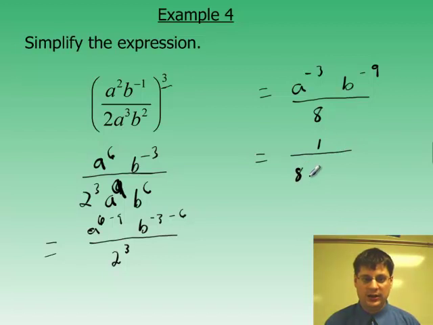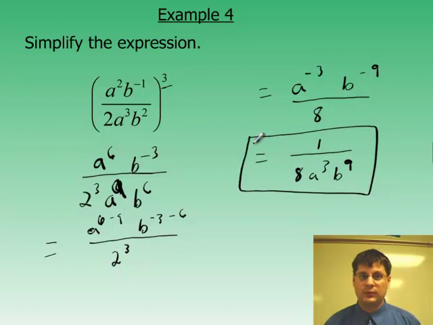And then I'll have 8a cubed b to the 9th. And that will be my simplified expression. So that is how to use the various properties of exponents to simplify expressions. I'll see you on the flip side.